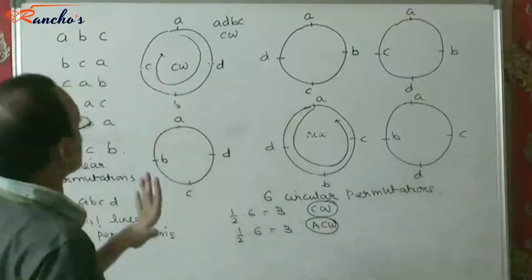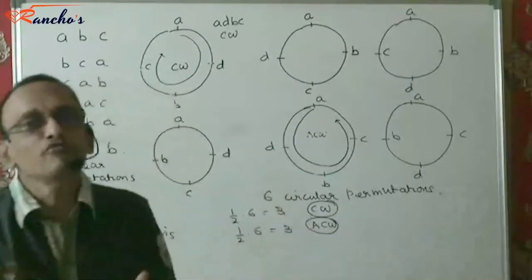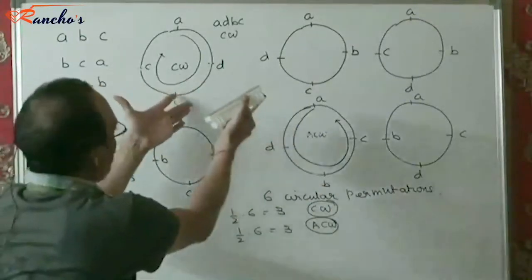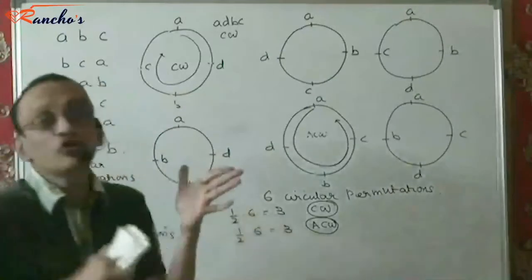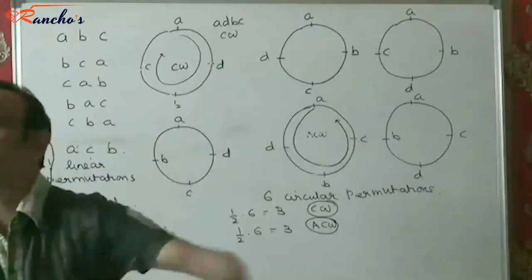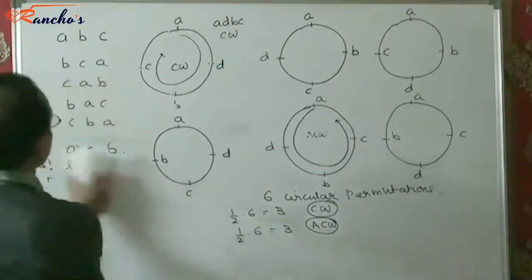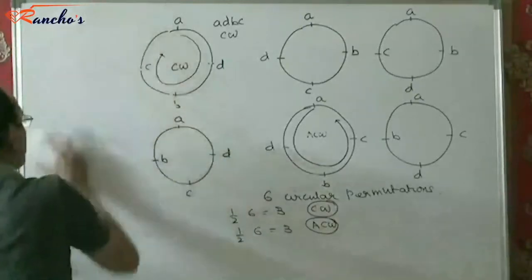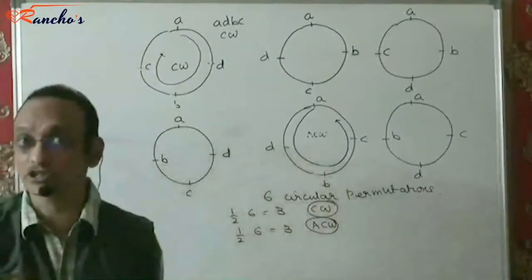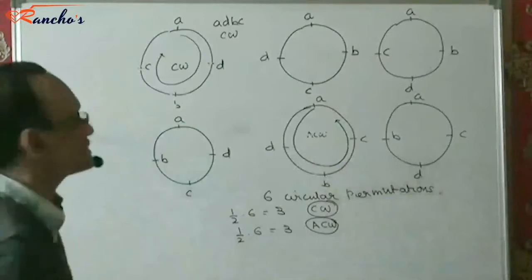But the key thing is, why am I getting fewer circular permutations compared to the 4 factorial linear permutations? It's as simple as this.